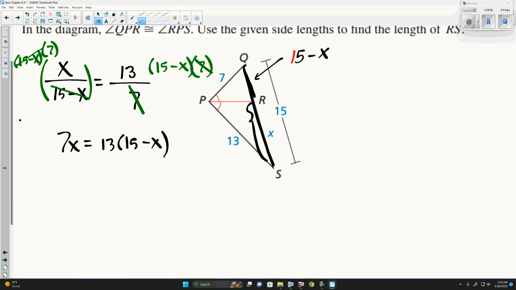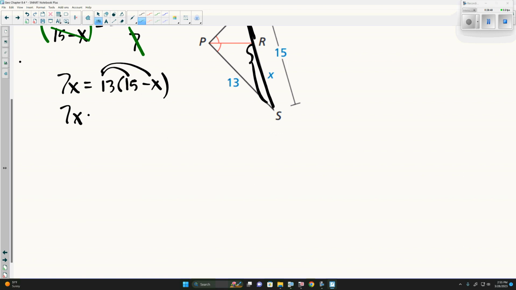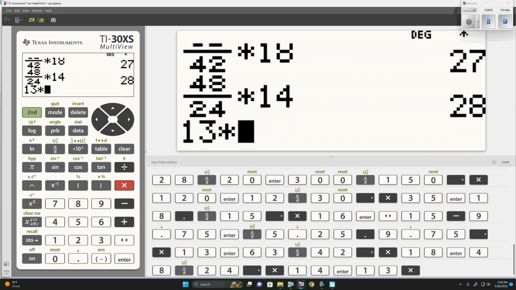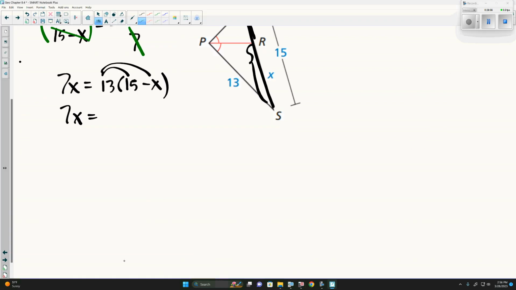So on the one side, we have 7 times x. That's not too bad. That's just 7x, yes? On the other side, we'll need to distribute the 13. Thirteen times 15 is 195, minus 13x.